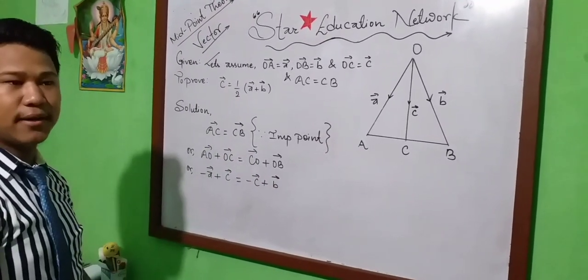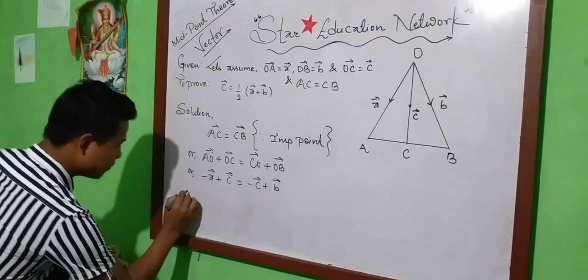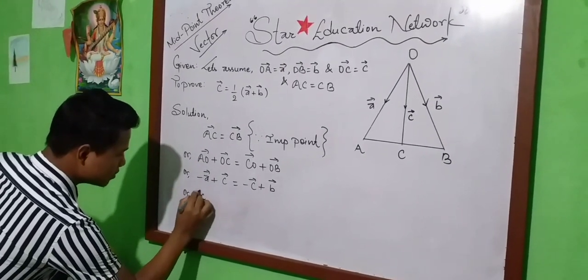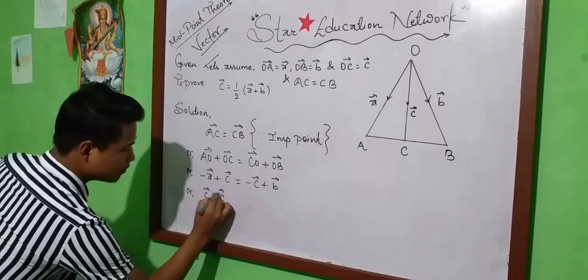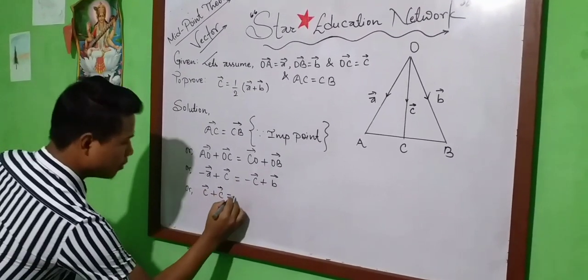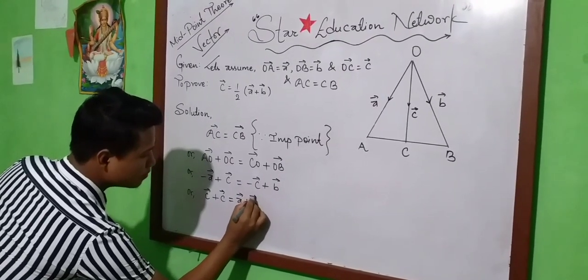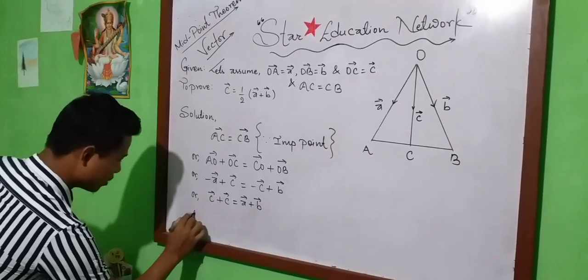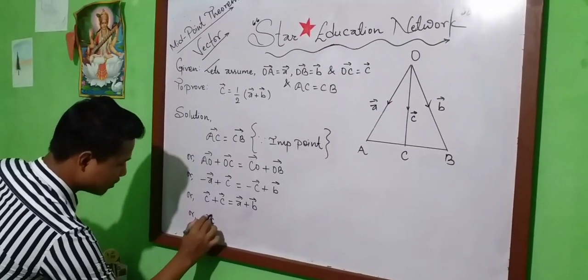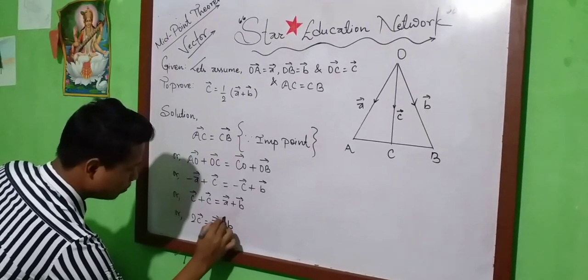Let us keep the like vectors at one place. So c vector and this minus c vector, whenever it comes to the left hand side, it becomes plus. Obviously minus a vector changes into plus a vector, and plus b vector. So we can add the like vectors, so it becomes 2c vector equals a vector plus b vector.